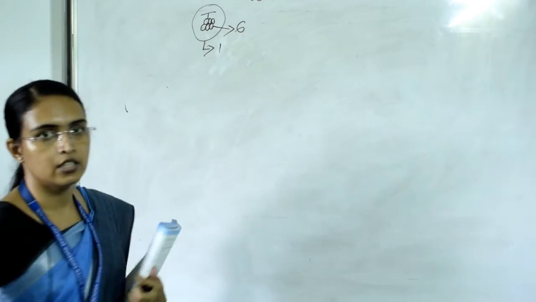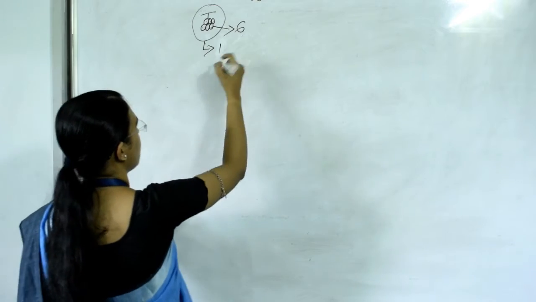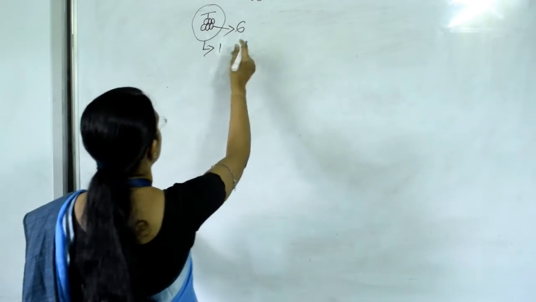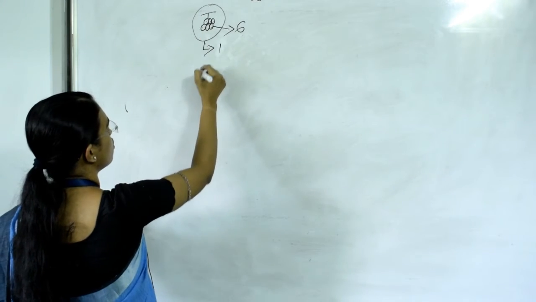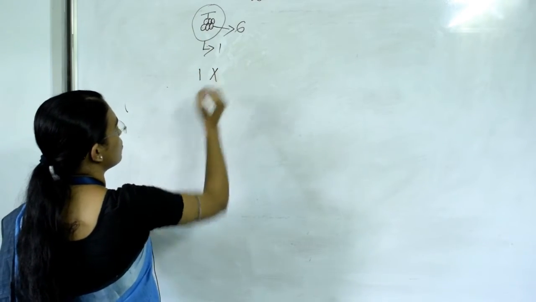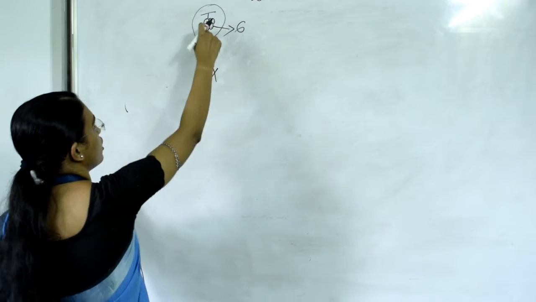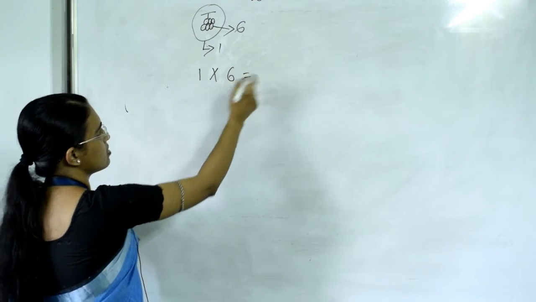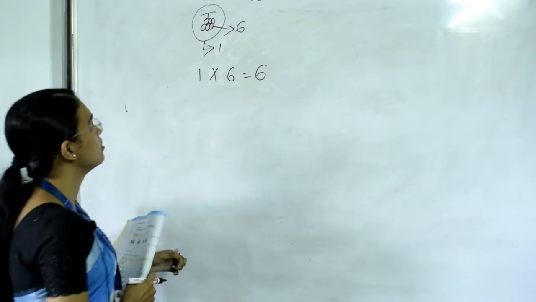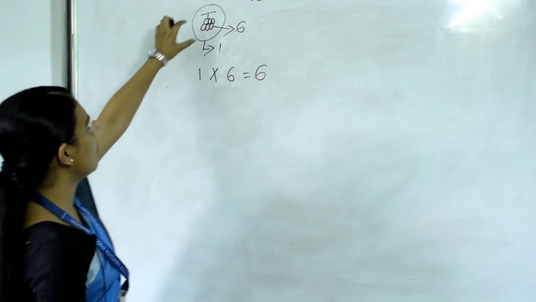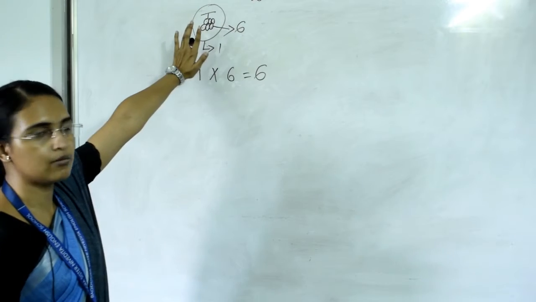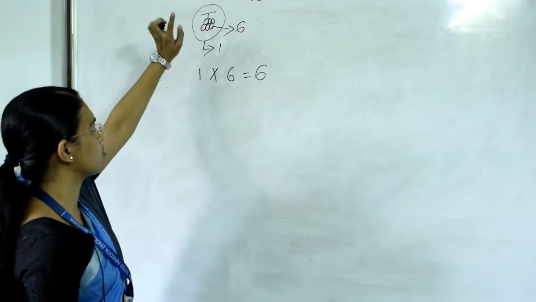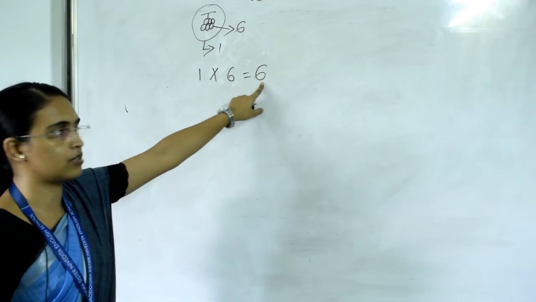So how can I write this in multiplication form? For one group we write 1, then the multiplication sign, then for the 6 grapes we write 6. That means 1 6 is 6. So one group means we have only 6 grapes.